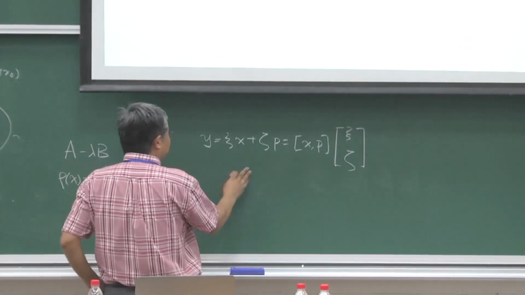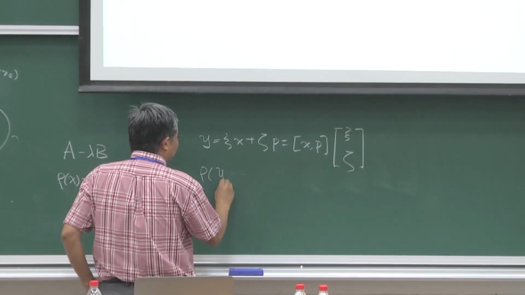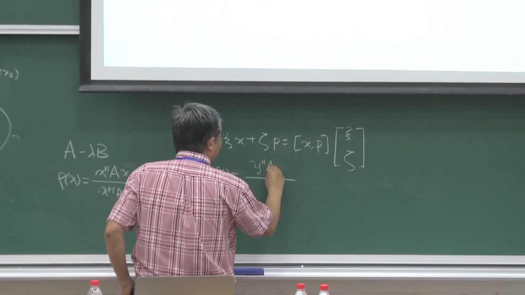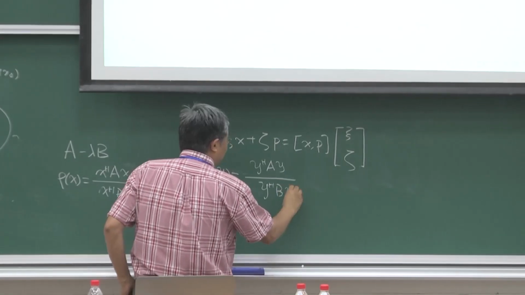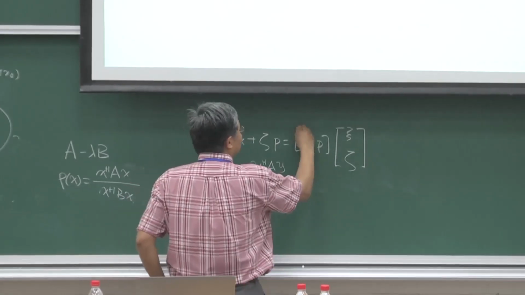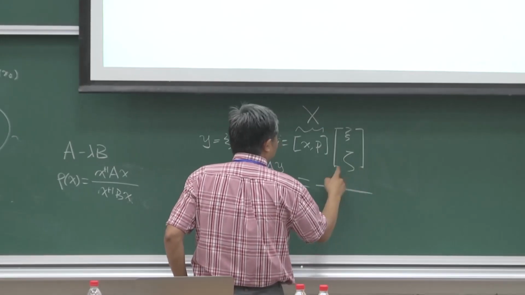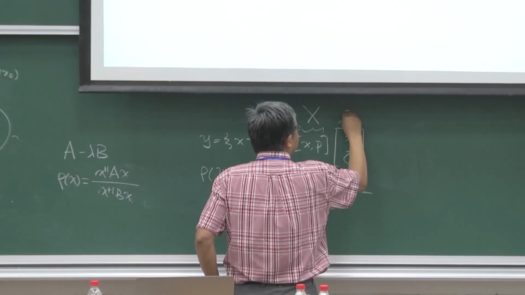Then you look at the Rayleigh quotient, rho of y equals y transpose A y over y transpose B y. And then you plug in; I call this big X, and call this vector z.